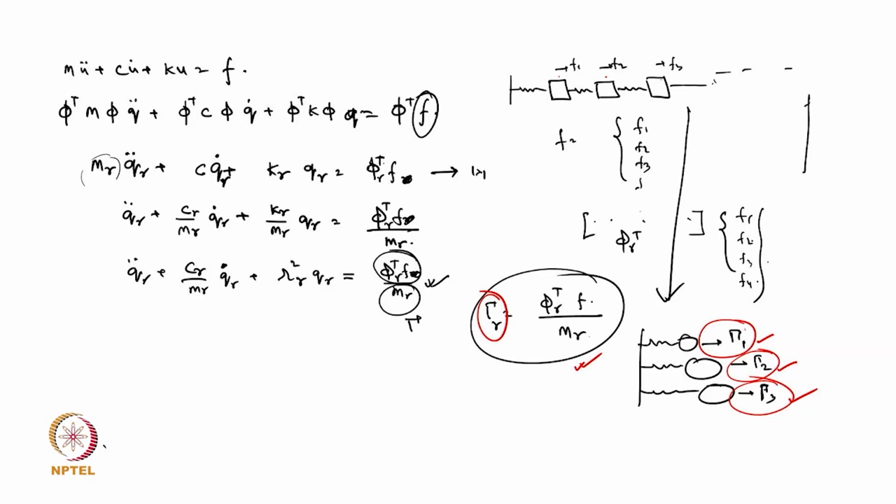Agreed? So do not get confused with the 90% clause, because there none of the things can be negative, all the things are adding up. Here it can be negative because you may have the force in the other direction.